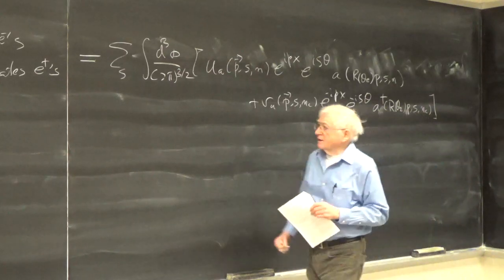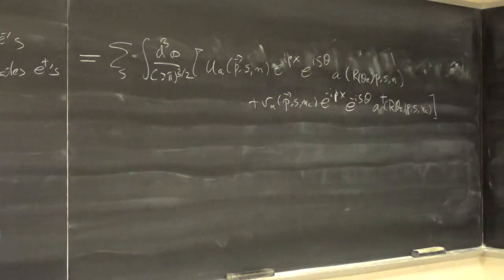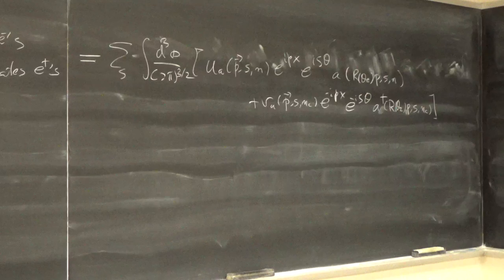Okay, so that's how the field transforms due to the action of the unitary transformation on the creation and annihilation operators. Those properties in turn follow from how particles transform under Lorentz transformations and how states transform. By the way, what I should have said at the very beginning is that I'm talking about how we need to construct the spinors U and V. And the point is that the spinors U and V have one role in life.